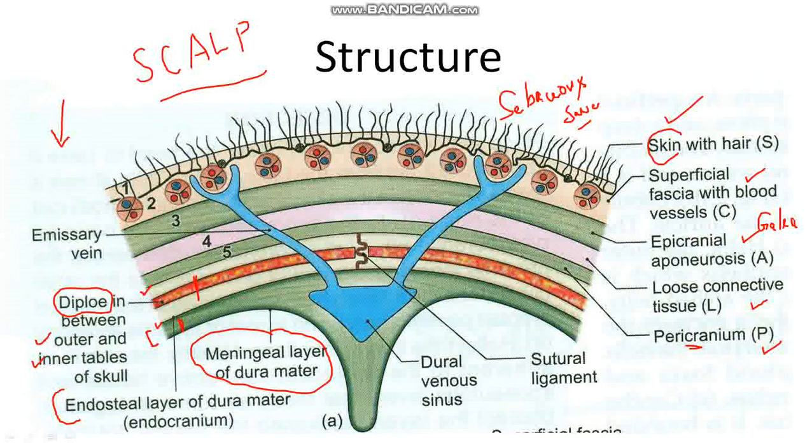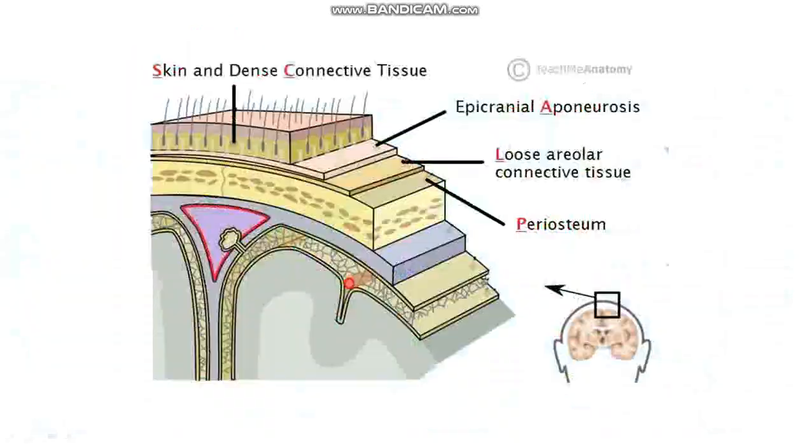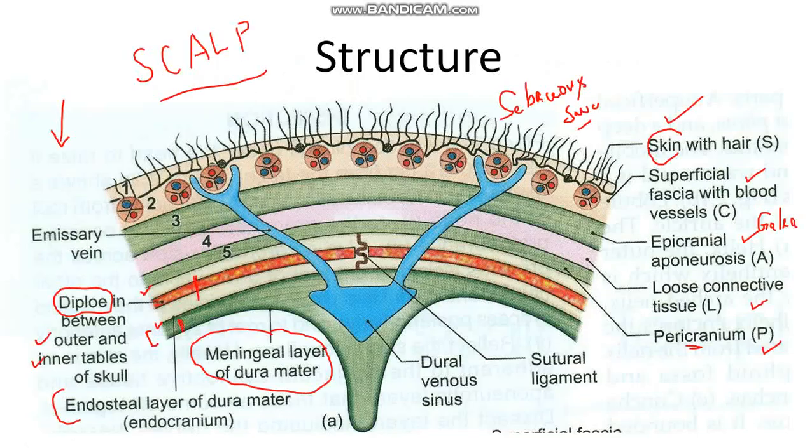We can see this arrangement of the scalp in another image. Here you can see the skin, epicranial aponeurosis, loose connective tissue and pericranium. Now we are talking about the skin, superficial fascia, which is the subcutaneous layer, and the epicranial aponeurosis.